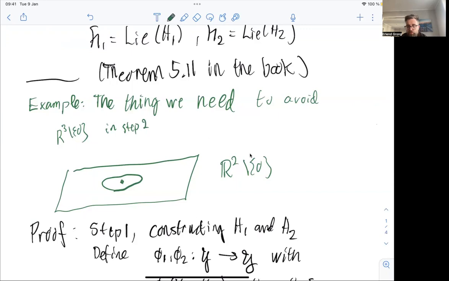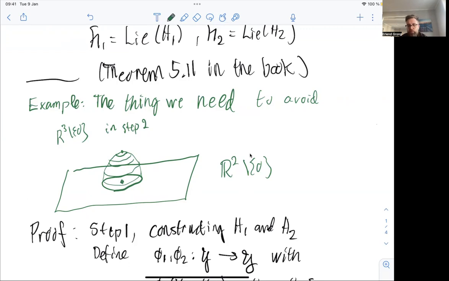Here R2, where I removed 0, is not simply connected because I cannot contract the loop going around it to a point. However, if I'm allowed to go into R3, then I can contract it like this, so to a point, and then there's no problem.